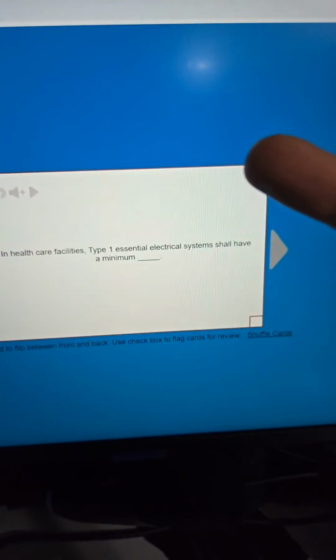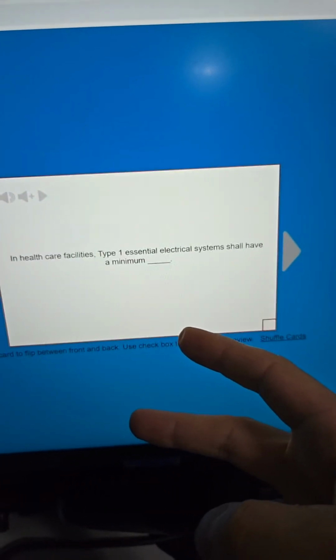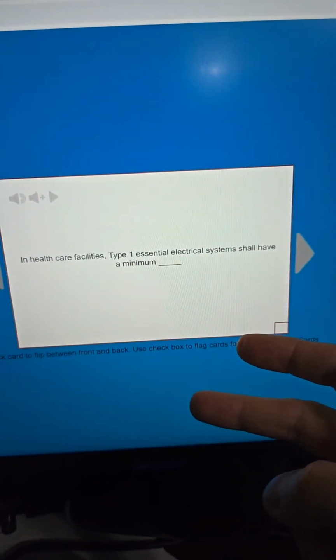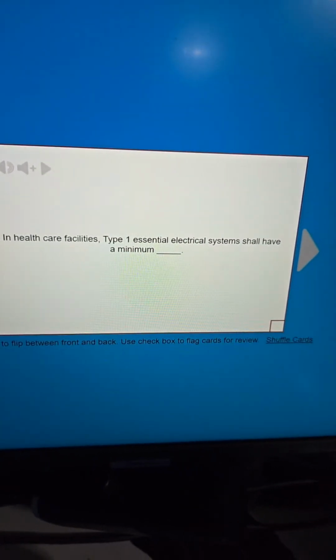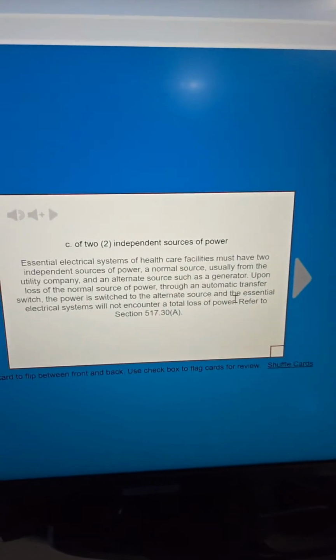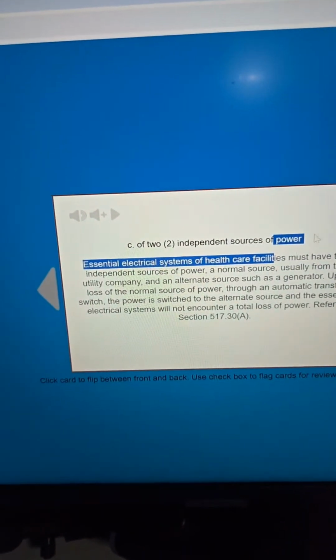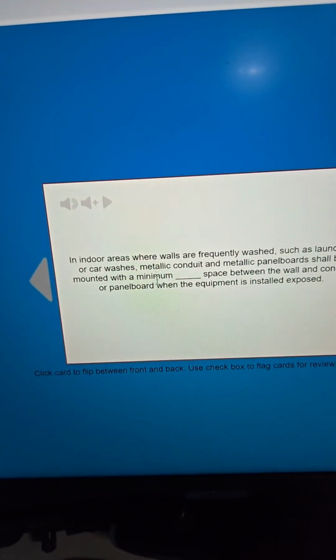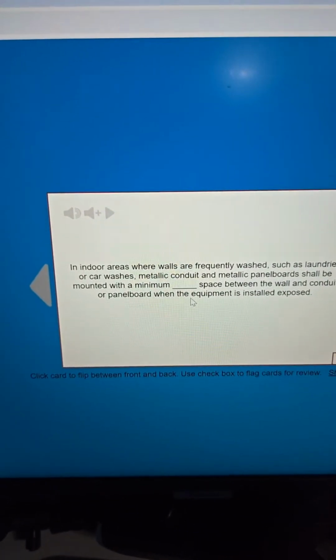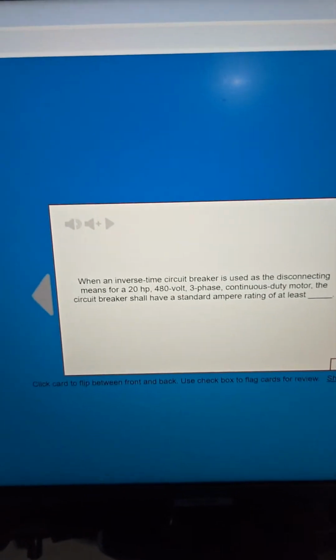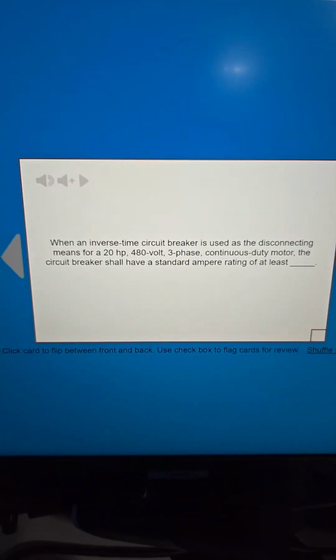I'm going to say two grounding conductors. I'm going to have 1 generator. I don't know. It's going to be something like that. Let's just go. 2 independent sources of power. Yeah, so 1 generator would do it. Yeah. So you got a generator, and then you got the utility. That'll work.